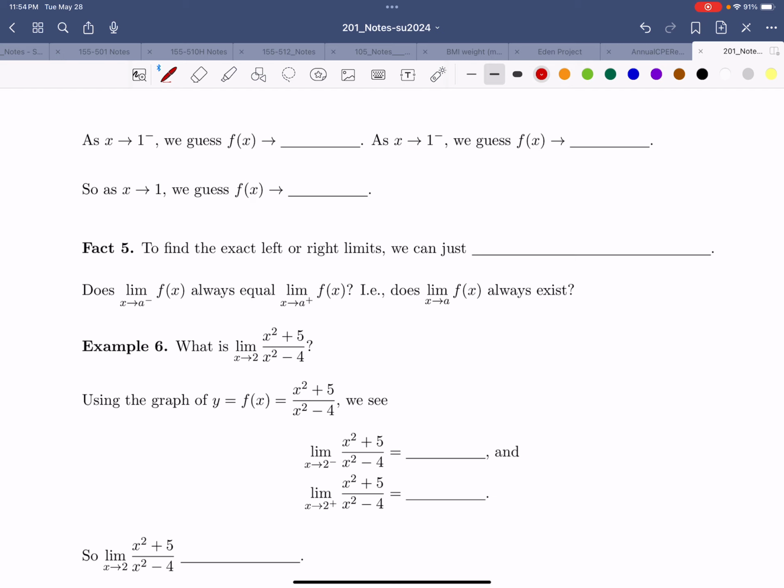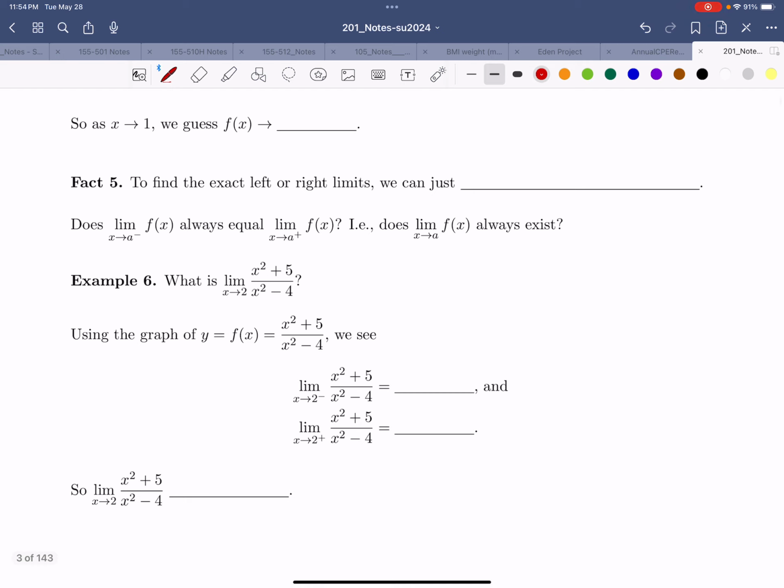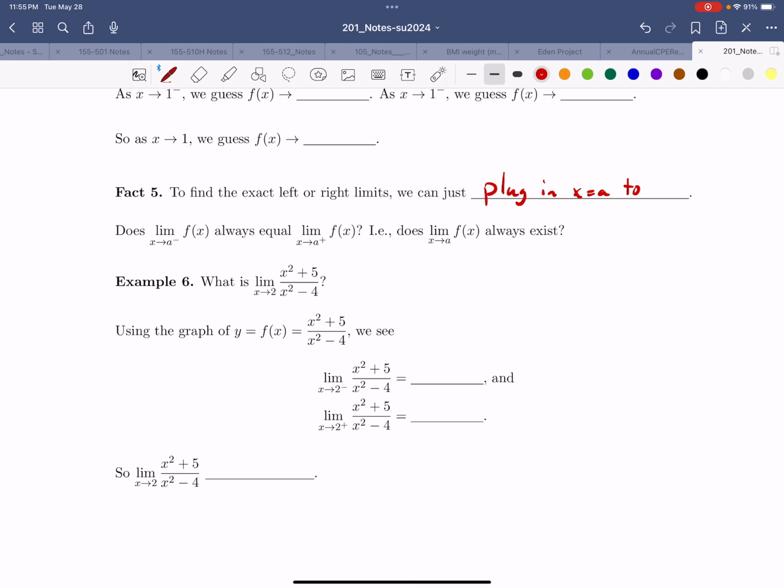One thing you might notice is that in order to find a limit, we don't have to plug in values arbitrarily close. We can just plug in x equals a to f of x, right? So we can just find f of a if it exists.